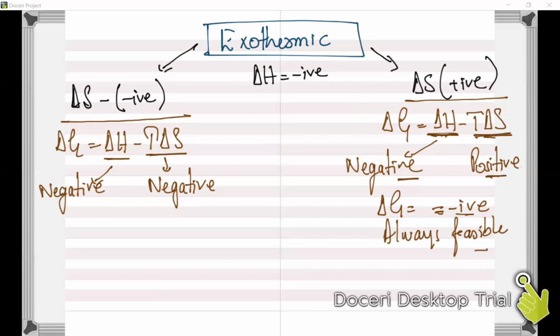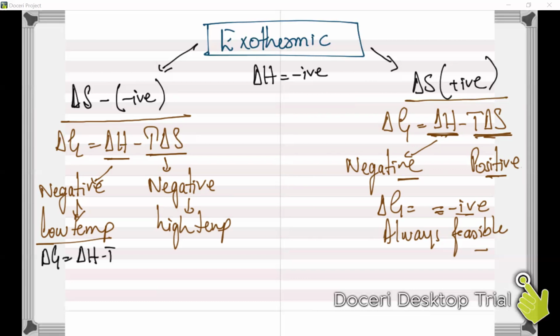Here this one is negative, and then the scenario is that this one may be at low temperature and this one maybe at high temperature. If it is at low temperature, then again there will be two scenarios inside it. What scenarios will there be, any idea? Which value will be small at low temperature, which value will be bigger? Which value will be smaller in this case if there is a low temperature?